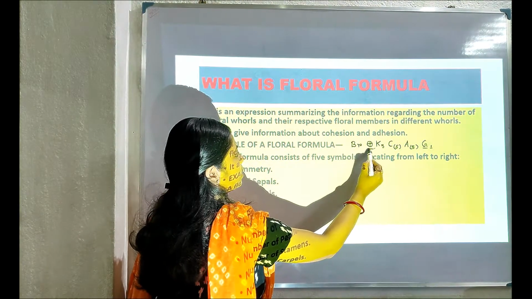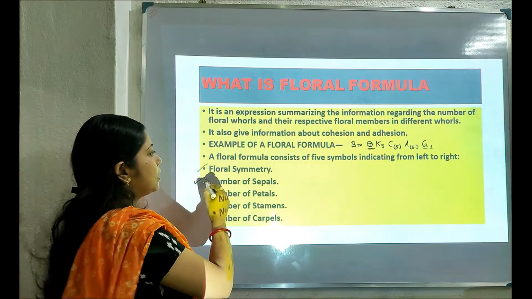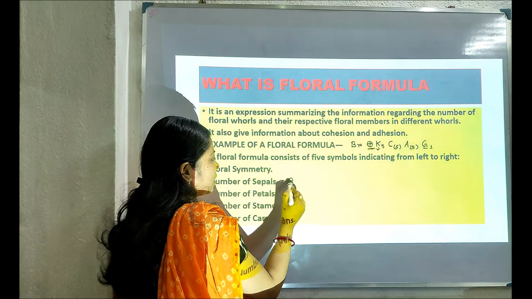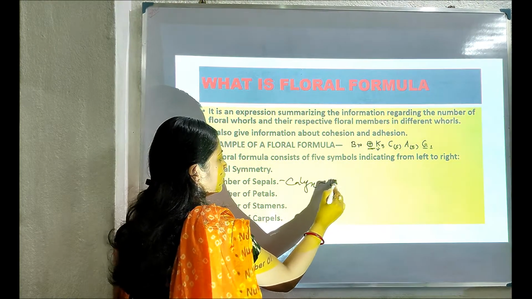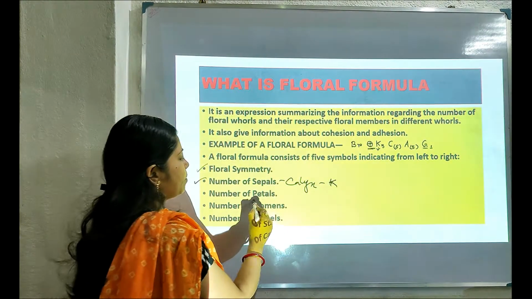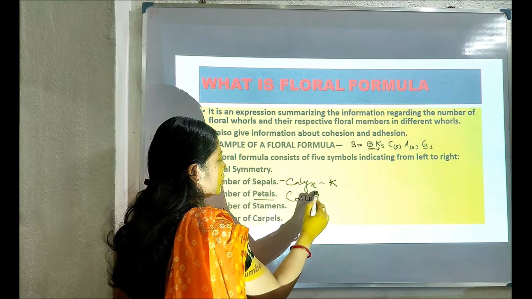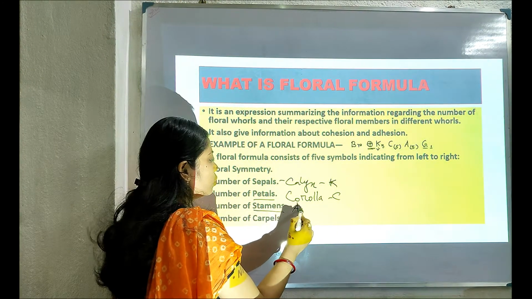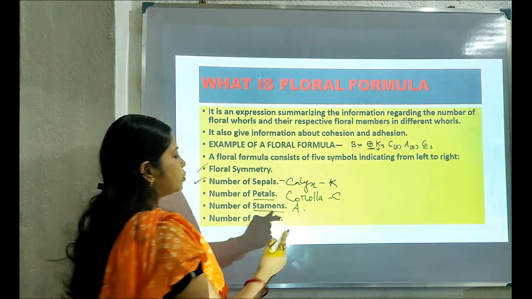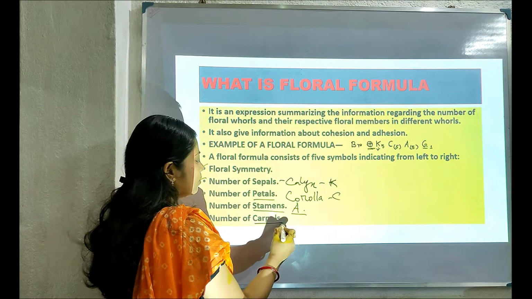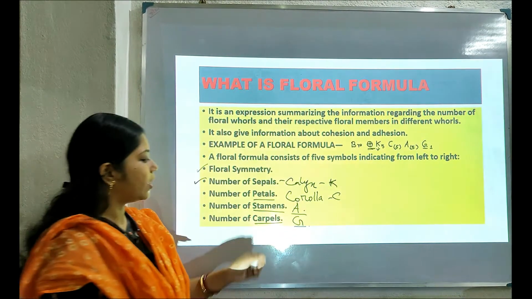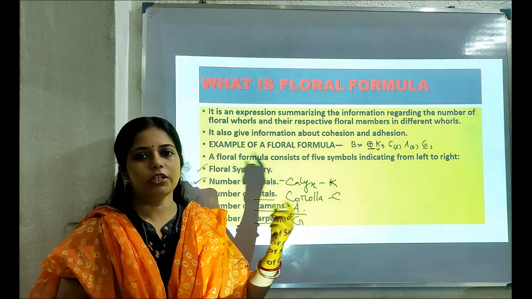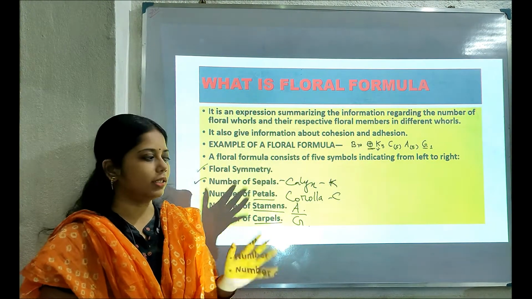Then the number of sepals, that is calyx, and it stands for K. Number of petals, the whole is called corolla and it stands for C. Number of stamens, the whole is known as androecium and it stands for A. And the number of carpels, that is gynoecium, and it stands for G.